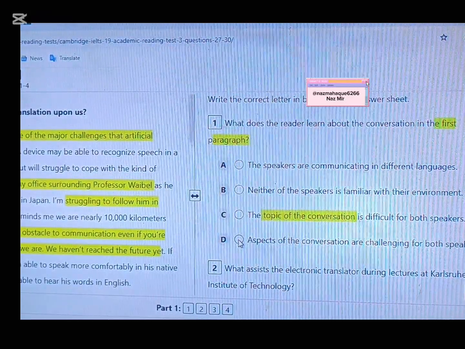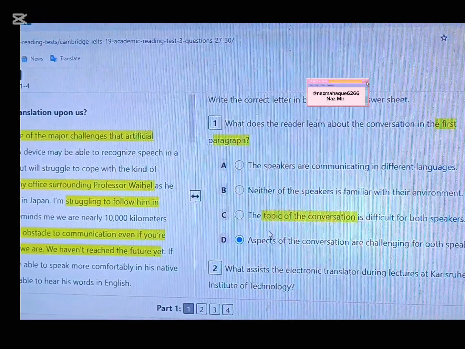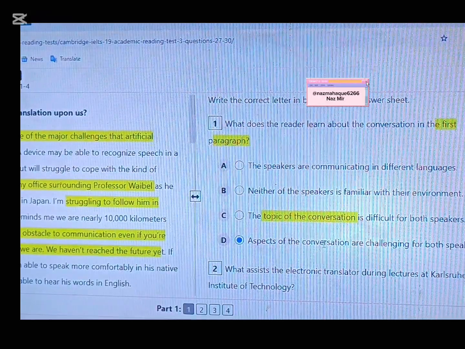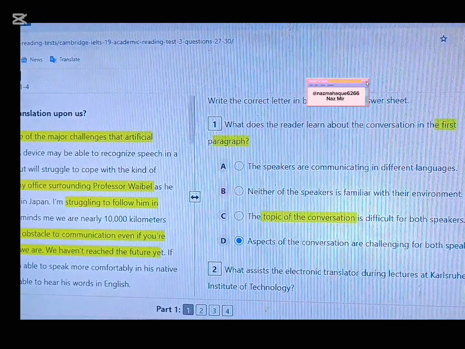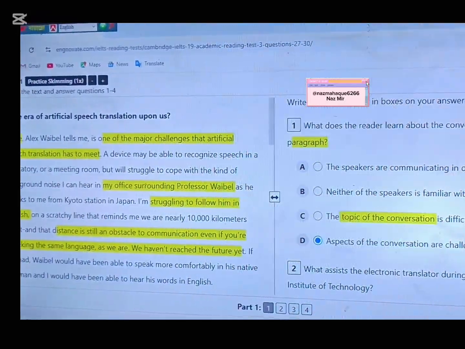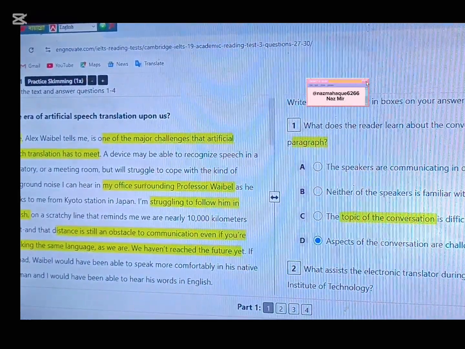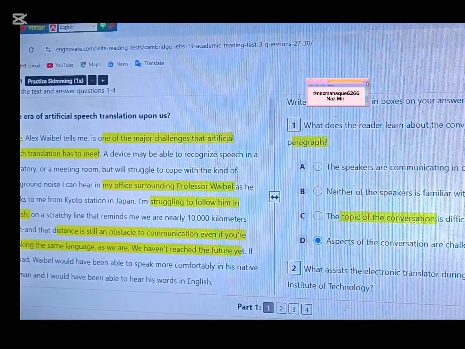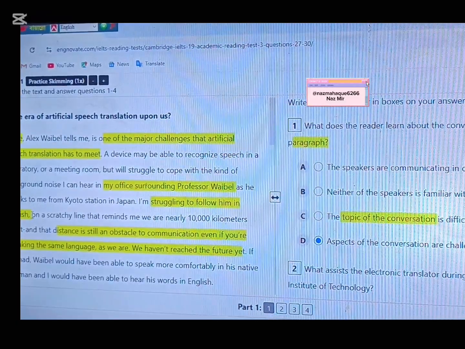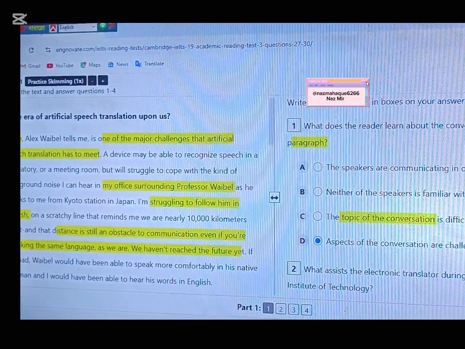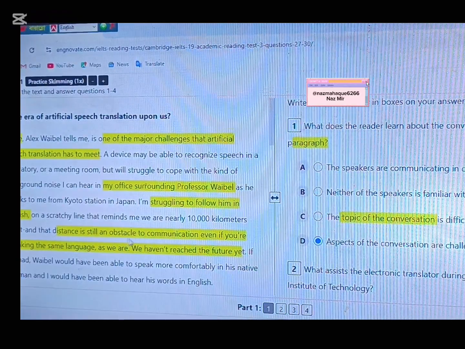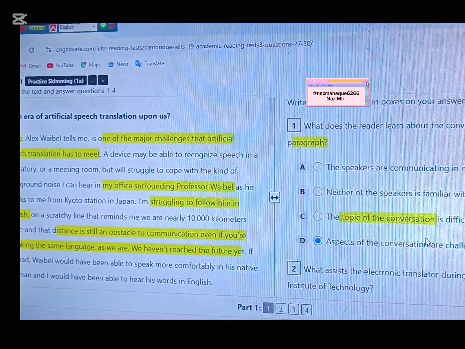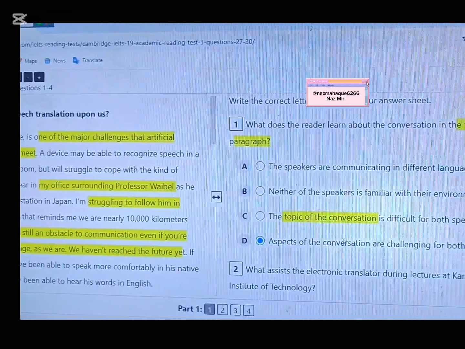We have one more left, which is this one: aspects of the conversation are challenging for both speakers. Aspects mean something else, okay, not the topic or any other thing. So the only thing that we can notice here is distance. Distance is an obstacle to their communication, so that is one kind of aspect.